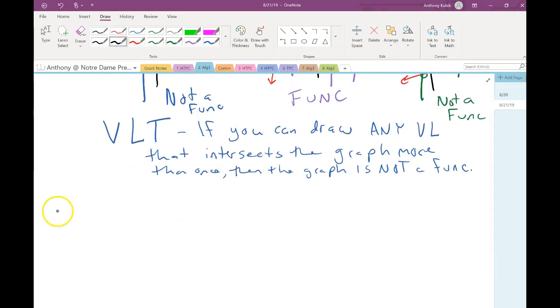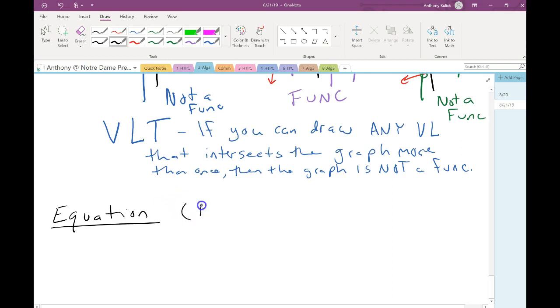The last one we still need to talk about is what to do if we have an equation. This is the hardest situation to tell. So I'm going to try to be very narrow in what my expectation for you guys is, because this is kind of a difficult proposition.